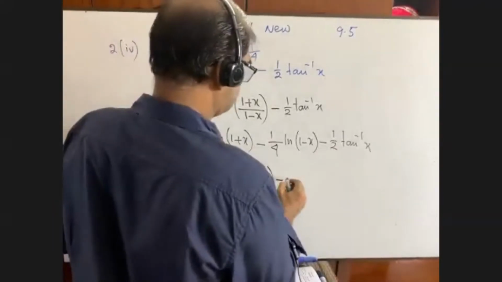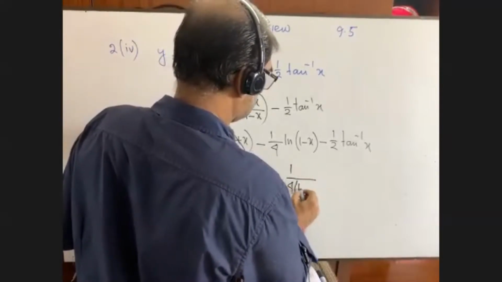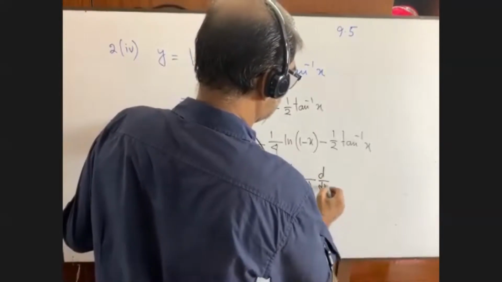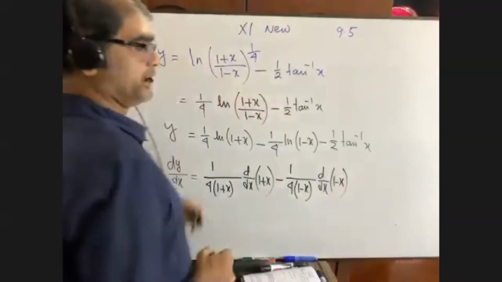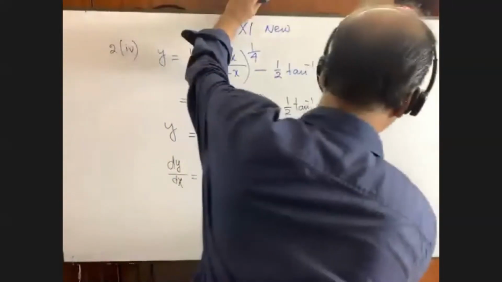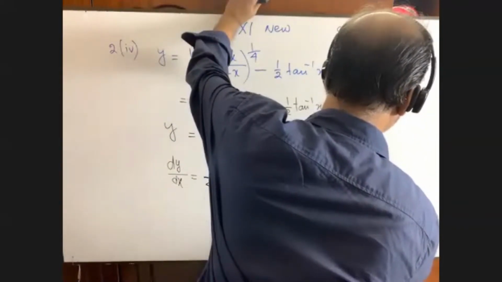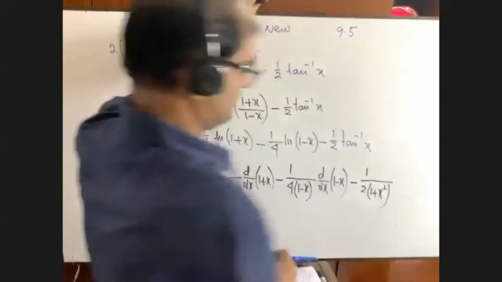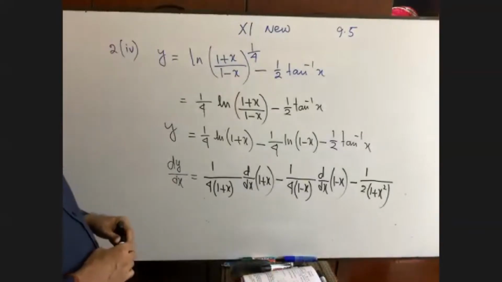Similarly, minus 1 by 4 times 1 over 1 minus x times d by dx of 1 minus x. And what is the derivative of tan inverse x? Can you remember, please? It is 1 by 1 plus x square. So actually we are done here.